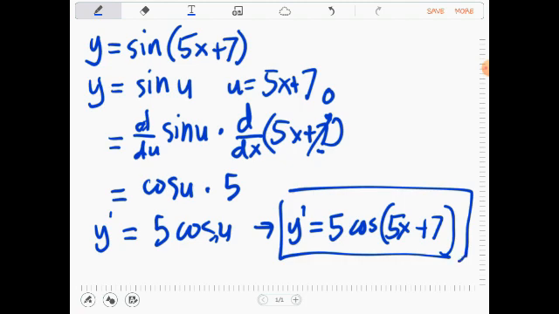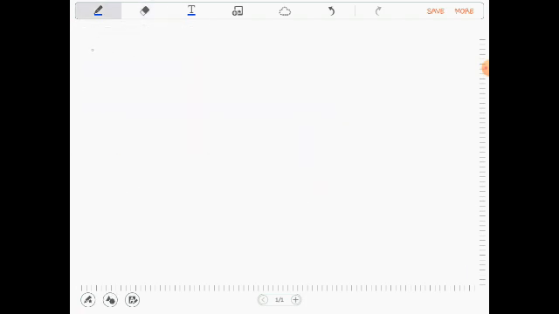Okay? Now, so another example, y is equals to sine of 3x plus cosine of 2x. Okay, so ito yung ating inside function dyan, yung mga 2x. Pwede natin siyang i-separate kasi meron tayong sum rule.